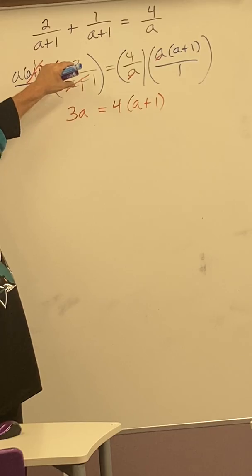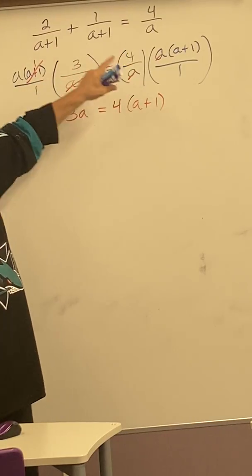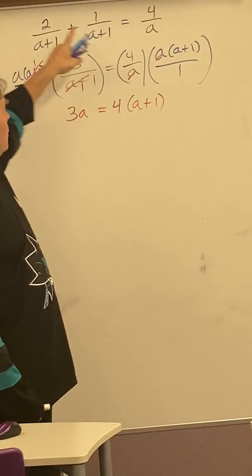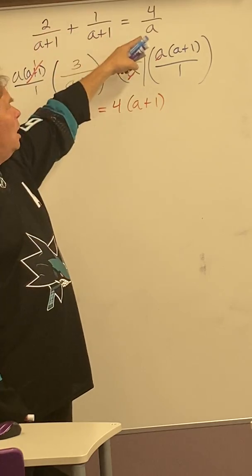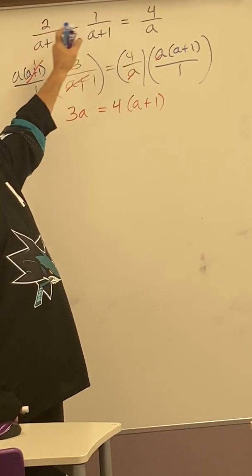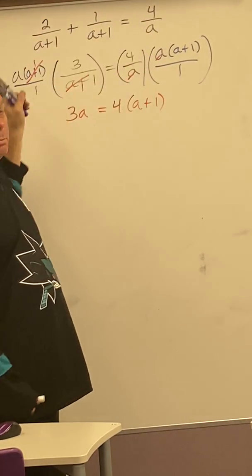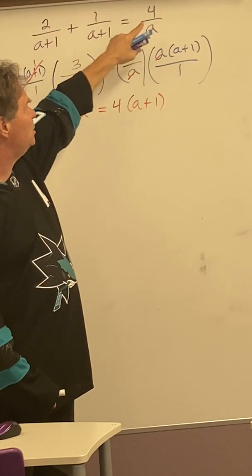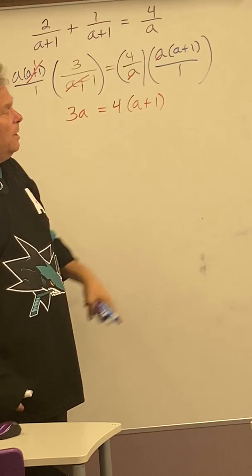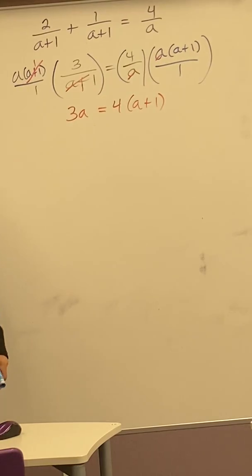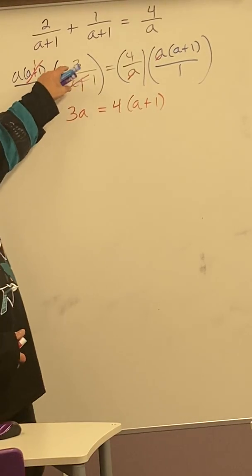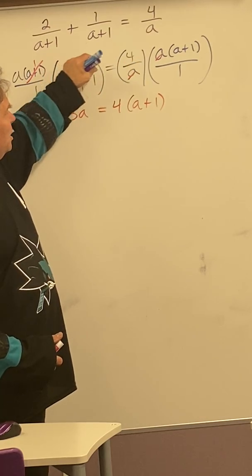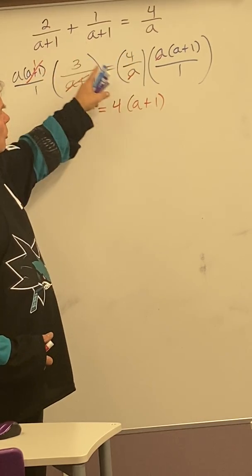But that only works if you have a fraction equal a fraction. If it's like this, where there were 2 fractions over here and 1, and these didn't squeeze together, then you would not be able to cross multiply. You can only cross multiply when it's a fraction equal a fraction. When it's more complicated than that, cross multiplying doesn't work. But here, when we got to this point, it was a fraction equal a fraction, so you could cross multiply.